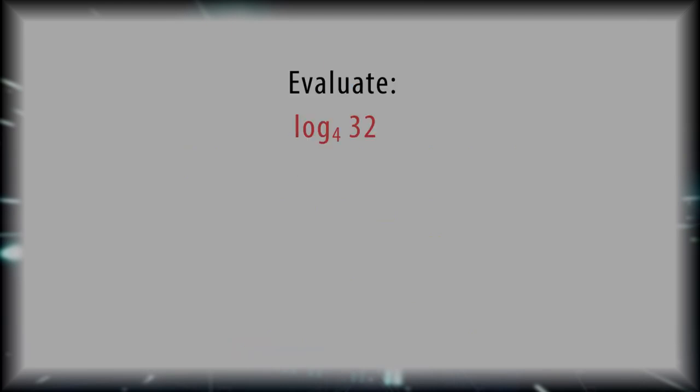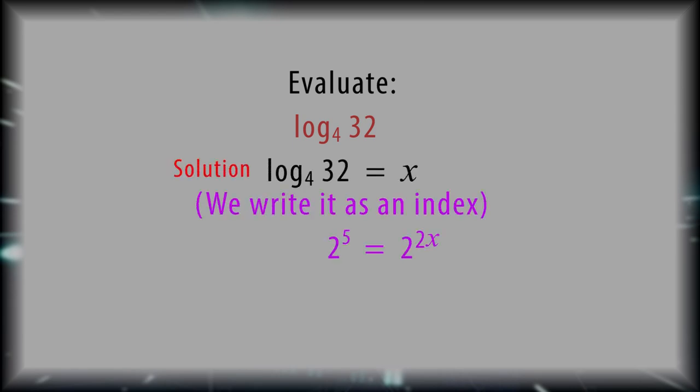The second question says, evaluate log base 4 of 32. Now we need to solve this. So we are going to write both sides as indices to base 2. On the left-hand side, we have 2 raised to the power 5. And on the right-hand side, we will have 2 raised to the power 2x.